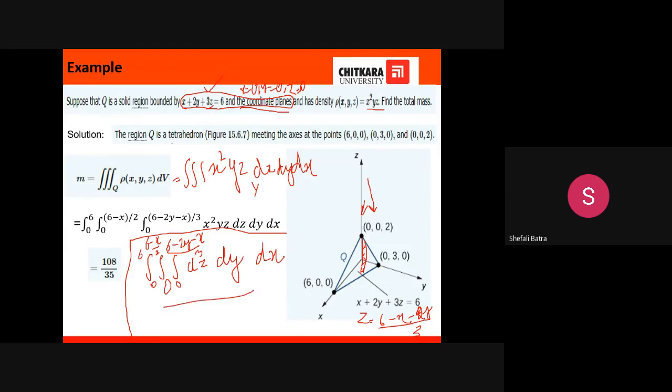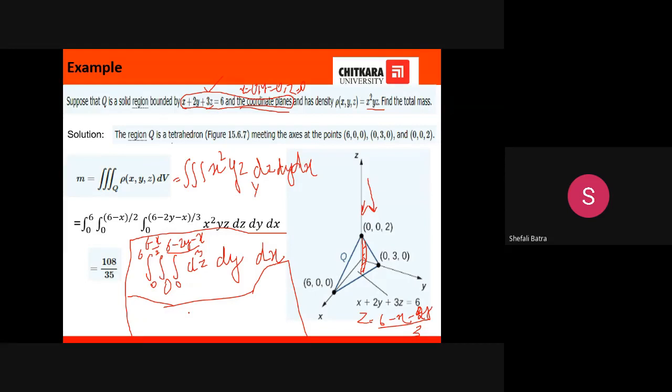It will give you the volume of the solid bounded by x plus 2y plus 3z is equal to 6 and the coordinate planes. Coordinate planes means x is equal to 0, y is equal to 0, and z is equal to 0. Or your homework is, note it down beta, find the volume. I will ask this answer tomorrow before the class.